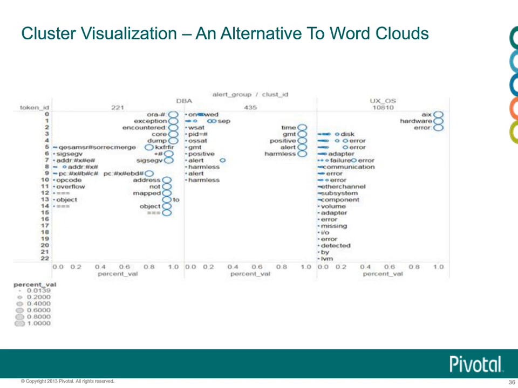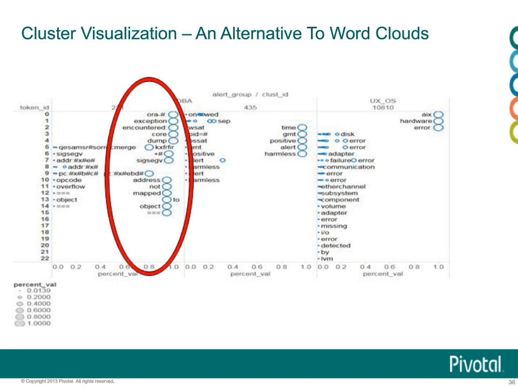So we came up with this alternative cluster visualization where we preserve the structure of the alert itself. So for example, on the leftmost part of the figure, you are looking at the word position as token ID going from 0 to 22, and then on the x-axis you are seeing what percentage of the time the word occurred in that position.